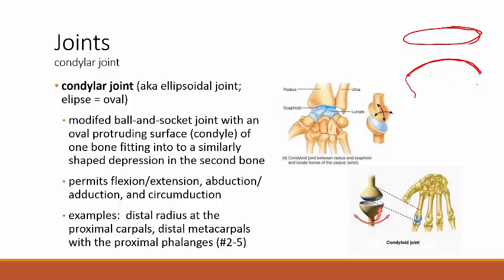If this is toward one end of the bone, that would be a condyle, and it fits into a similar but opposite shape, the negative shape of that depression in a bone. So we see a fossa on the articulating bone surface that mimics that condylar shape, but in the negative.